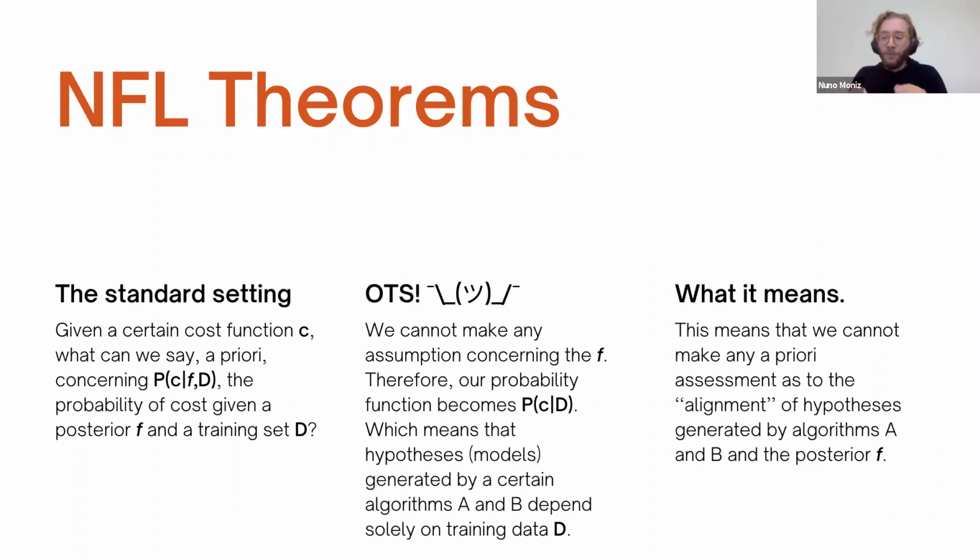So any models that we might create using A, B, C, D algorithms will depend solely on the training data that is provided. So basically, we cannot make any assessments or a priori judgments as to how these models may align with the posterior, okay? So this obviously is a big problem for our typical approach of using things like cross-validation, estimation methodologies, and so on.